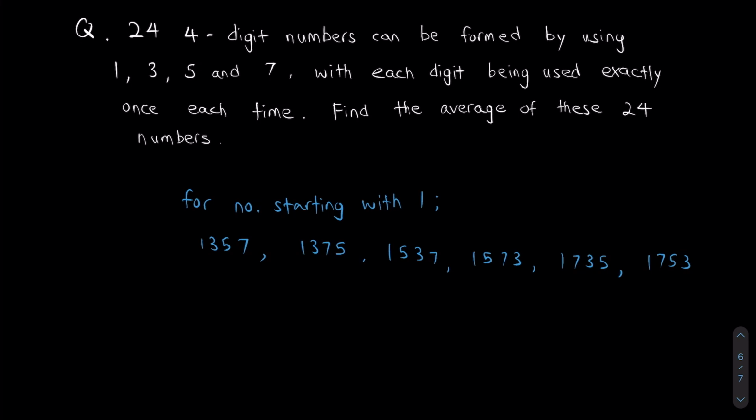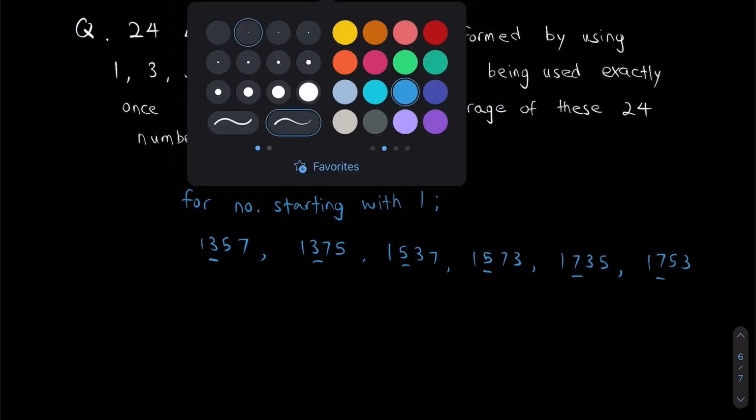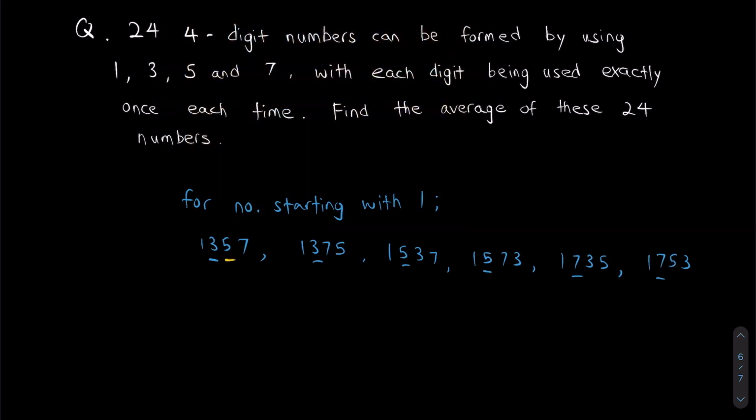Now I want us to pay attention to something. If you look at the 6 numbers I've written below, we realize that for the hundreds position, so these positions right here, the numbers 3, 5, and 7 appear an equal number of times. Now, next, let's look at the tens position.